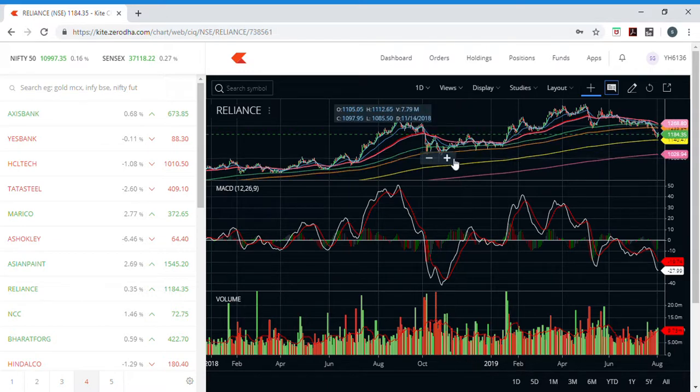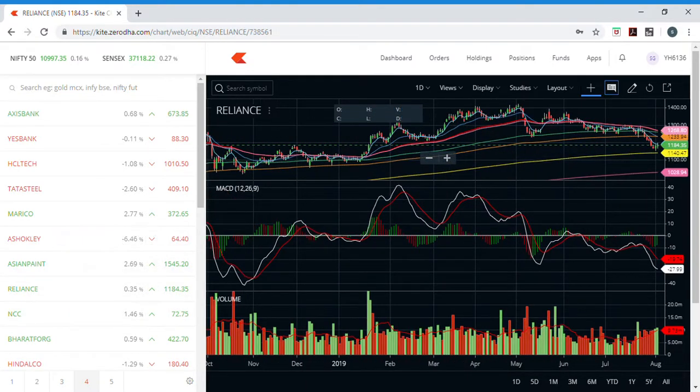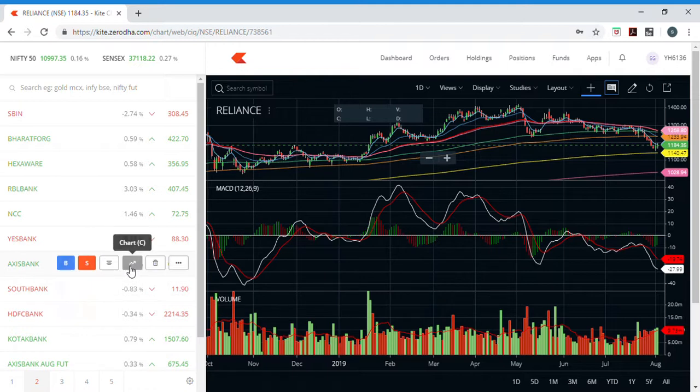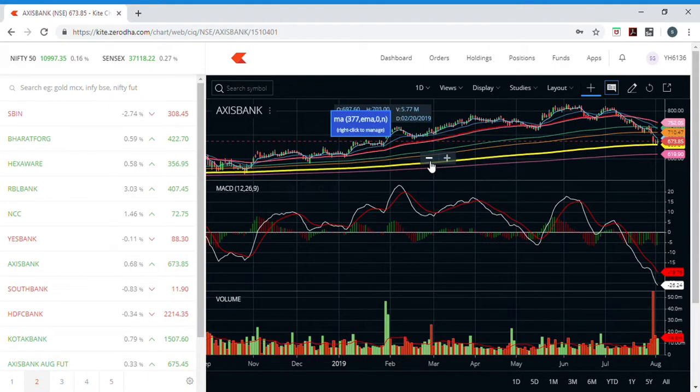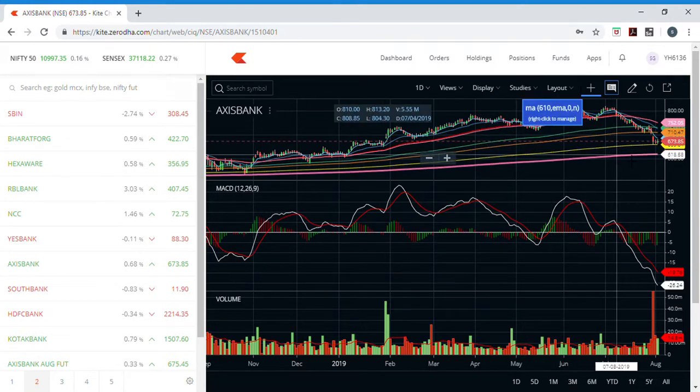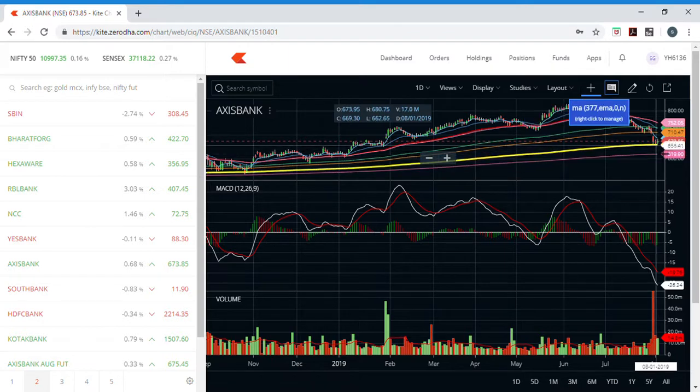Okay, let me open another chart, of Axis Bank, where you will see how it retraced back. Here's the chart of Axis Bank. As you know, the results recently came out, and though the profit was very good, it didn't meet the expectations of the market, and the stock started falling. As you can see, it took support at the 377 exponential moving average.